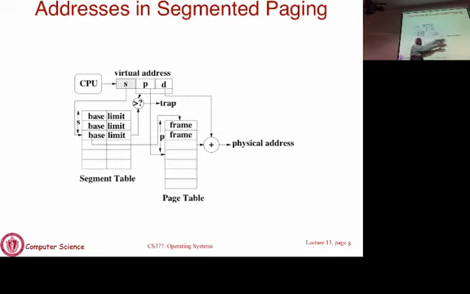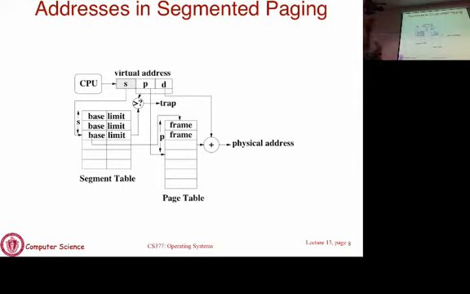Clearly, the page table itself is pointing to the pages of that shared library. So rather than having two page tables point to the same frame, since you're sharing the entire segment, you can simply have the segment tables point to the same page table, and you're done. Because then when you want the C library or Java library, you go to the shared page table and then point to all the pages that you loaded. You are done.